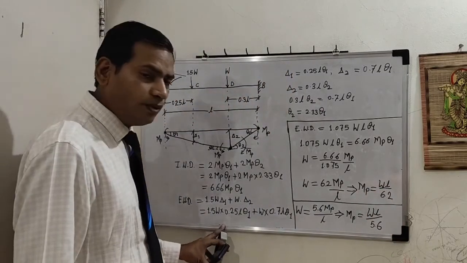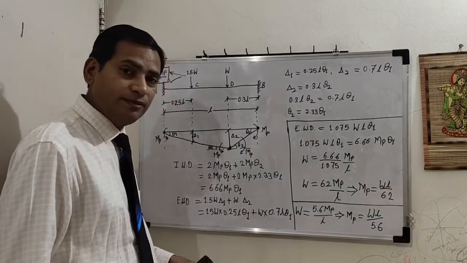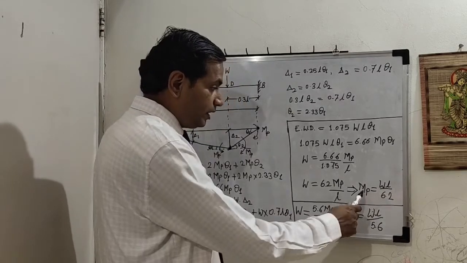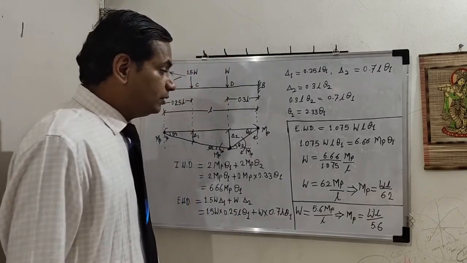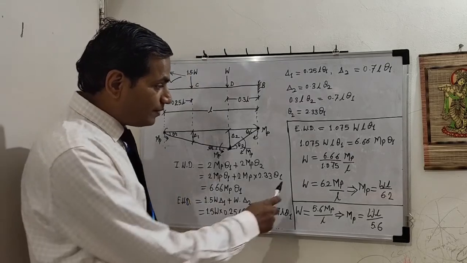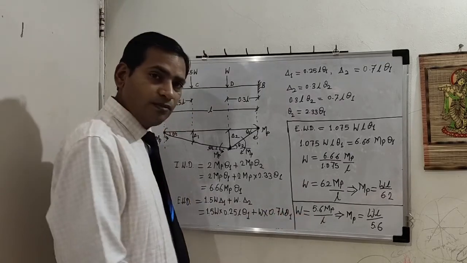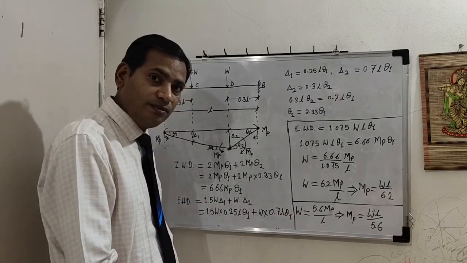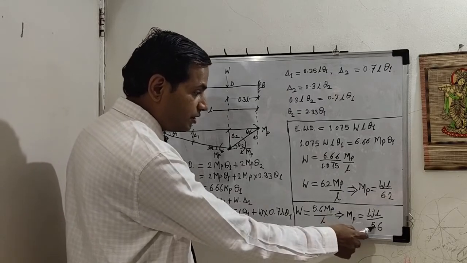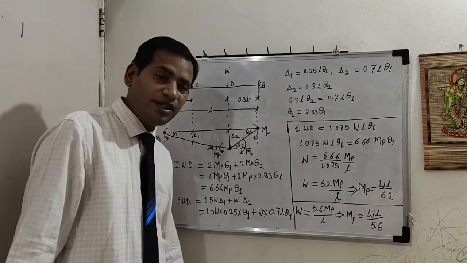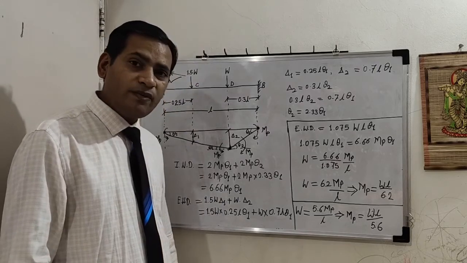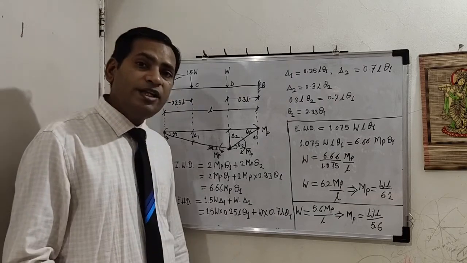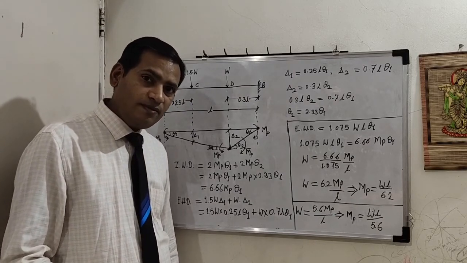So which value will be more? Plastic moment, this value, okay, and this will be less. So when you are asked to find collapse load, go with lesser magnitude. When you are asked to find plastic moment, go with higher magnitude. Okay, in this case again this 1 upon 5.6 is the higher magnitude, so the plastic moment value will be the highest of all the values and the collapse load will be the least of all the values calculated. Okay, thank you.